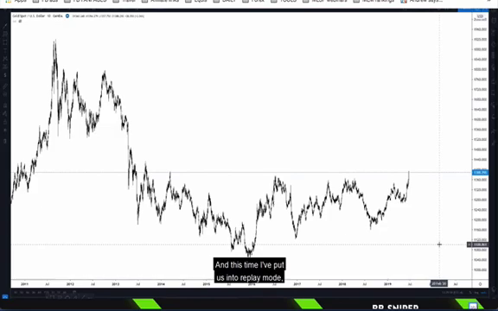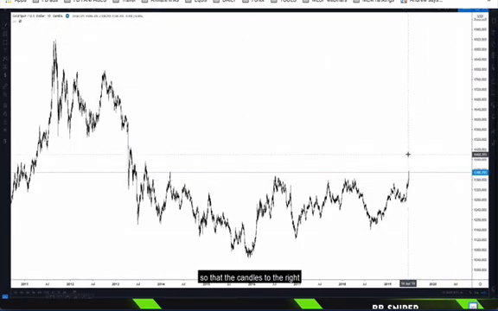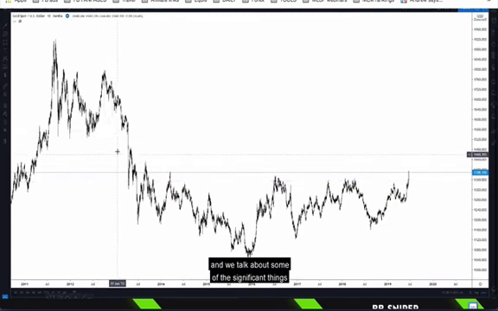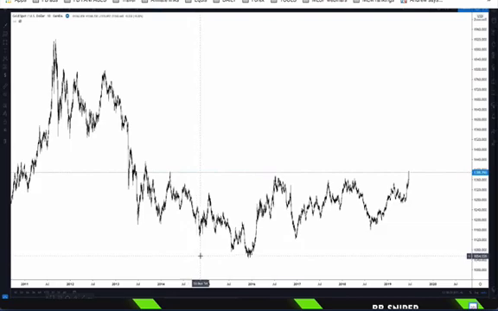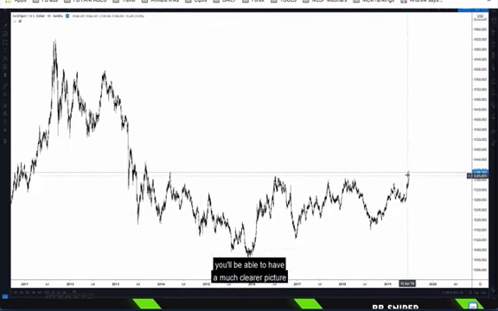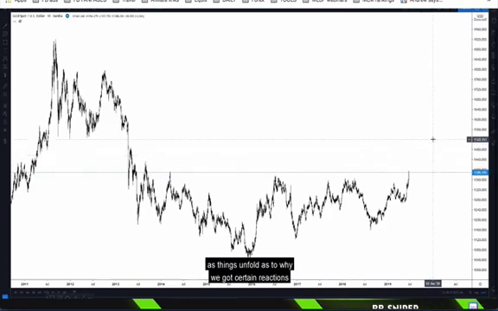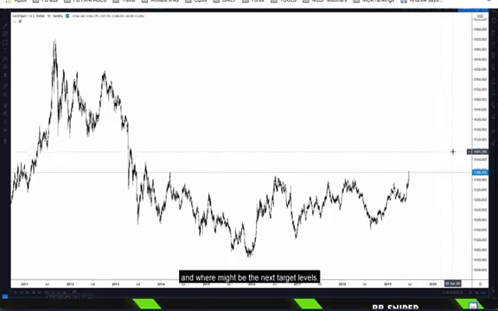And this time, I've put us into replay mode so that the candles to the right are hidden until we fast forward, so that as we analyze and talk about some of the significant things that happened within this structure, you'll have a much clearer picture as things unfold as to why we got certain reactions and where might be the next target levels.